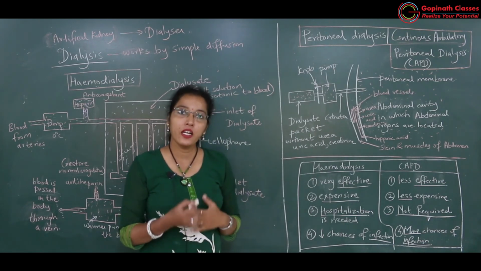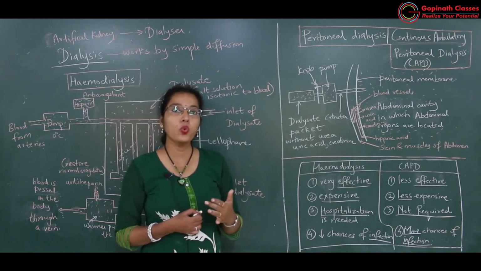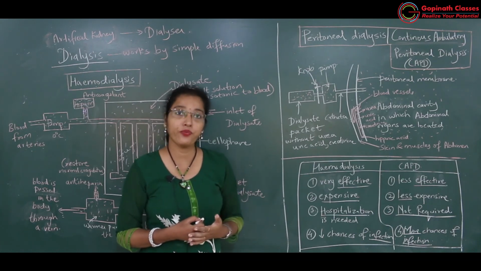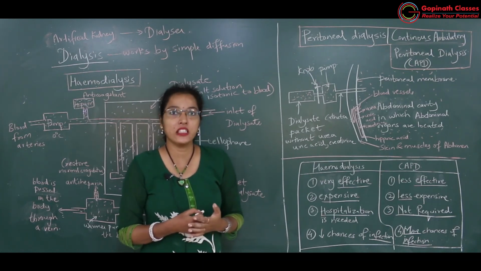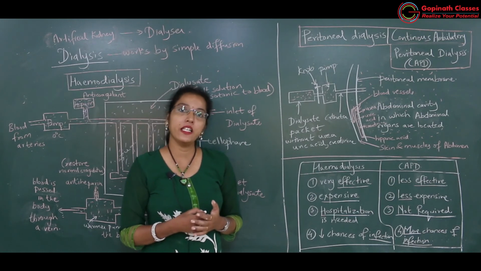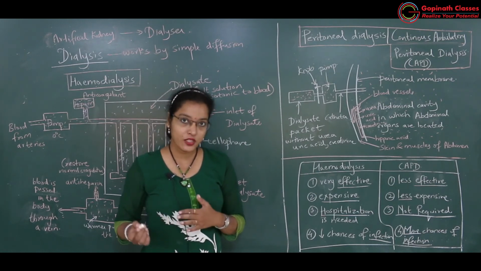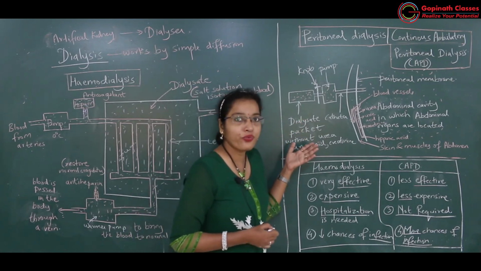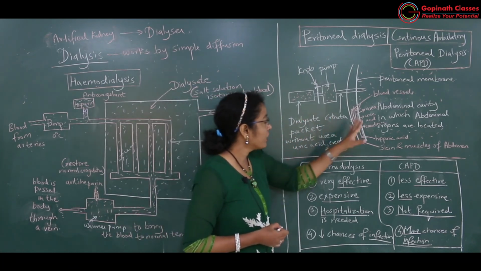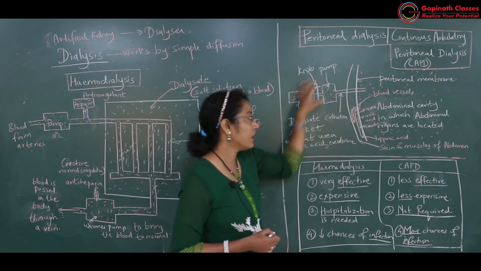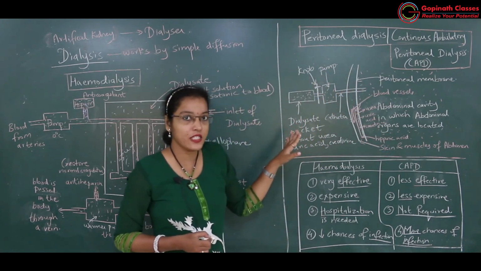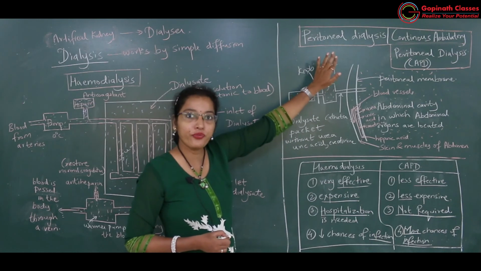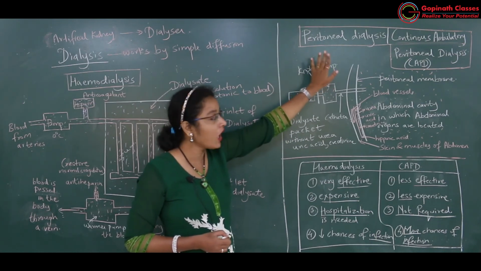So it will be repeated for a few hours if there is a much greater increase in serum creatinine and many other nitrogenous waste contents. Okay, got it? So it takes 4 to 5 hours. Thus there is removal of the nitrogenous waste by this type of dialysis, that is peritoneal dialysis.